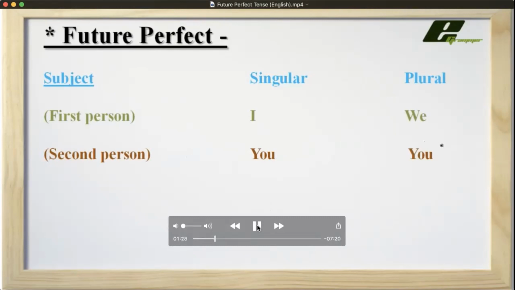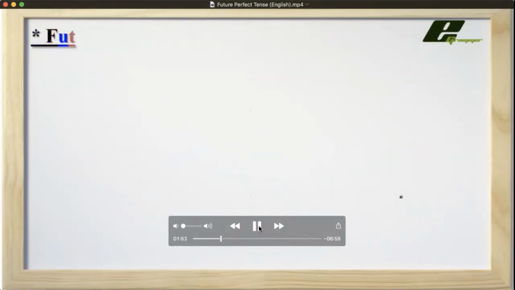The third person is he, and the plural form is they. It can also be she, it, and the name of a person, for example Sam.